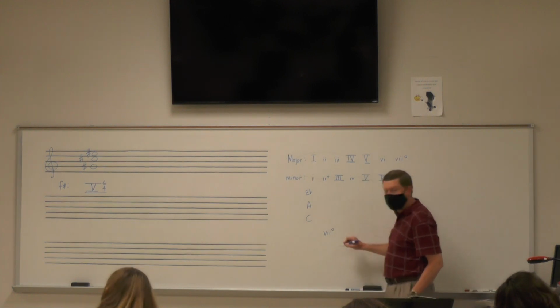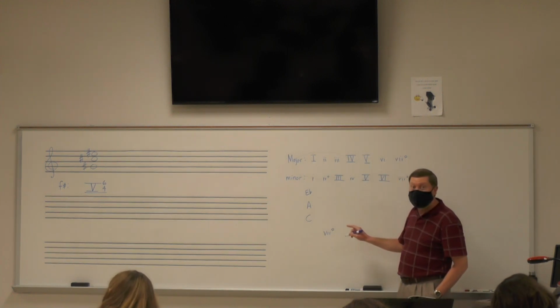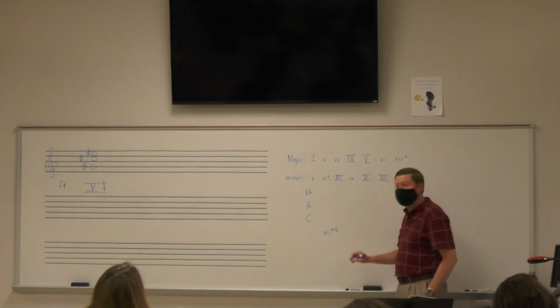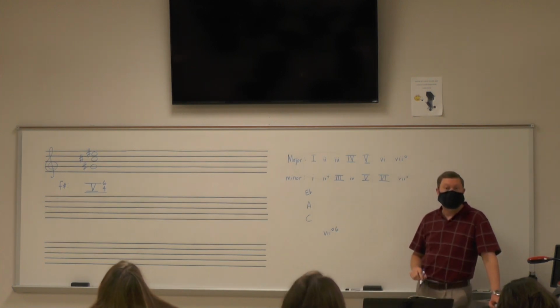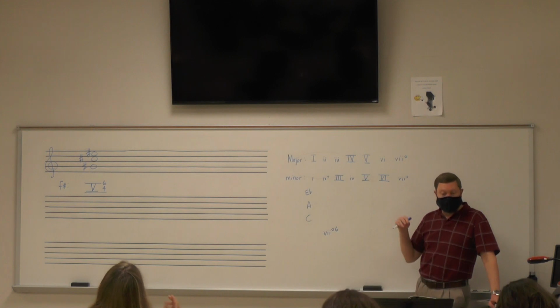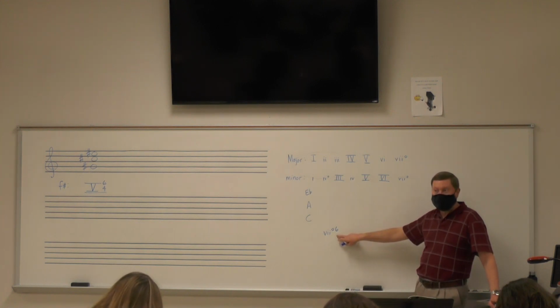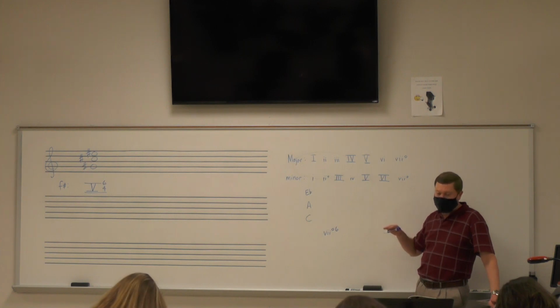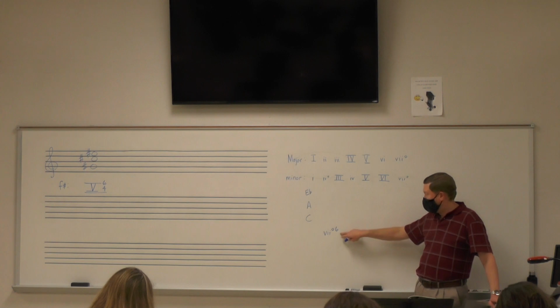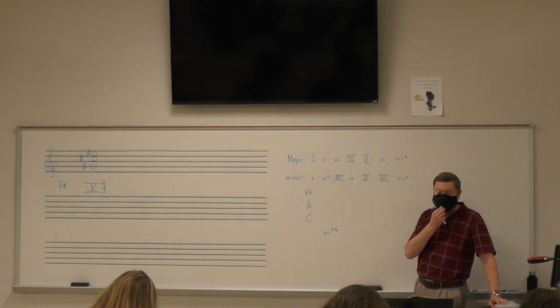It should be 7 diminished and then what? 6. That's right. The 6 indicates first inversion. If A was in the bass, I would just write 7 diminished. But because the third of the chord is on the bottom, that is the C, not the root, I have to put a number there to indicate, in this case, first inversion.